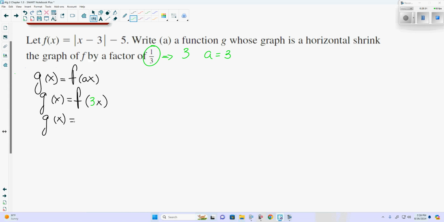All right. Now we don't have f of x anymore, we have f of 3x, which means every x in f of x is going to have to be changed to 3x. So we'd still have the absolute value bars, but instead of x we have 3x, minus 3, minus 5.